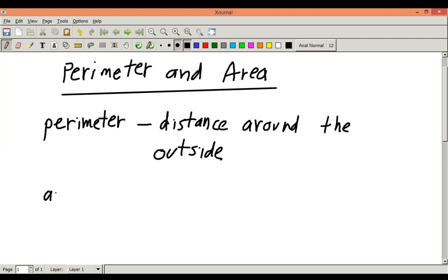Area is the other big topic in this lesson. Area is very simply the amount of space inside the figure.